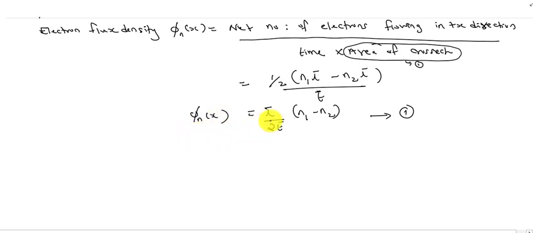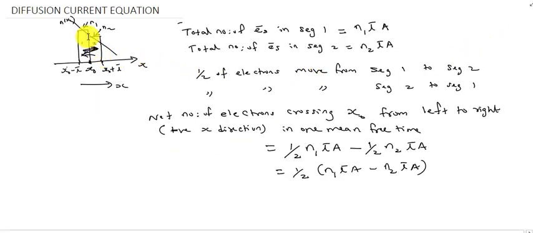The segment length L bar is a small differential length, and so we can write N1 minus N2 as follows. N1 is the concentration of segment 1, N2 is the concentration of segment 2. There are many segments, so we have to consider all these concentrations in terms of n of x.